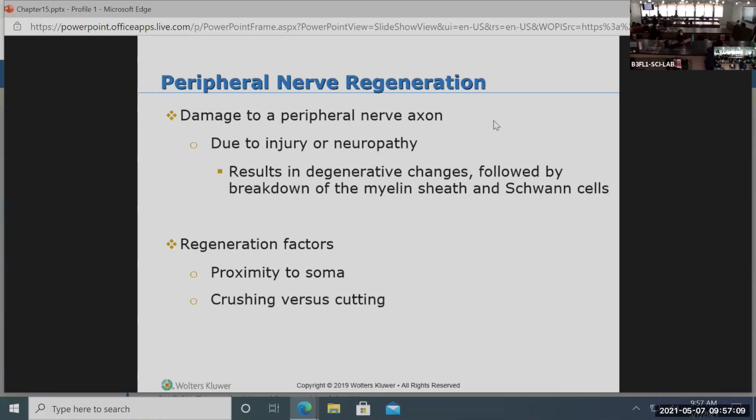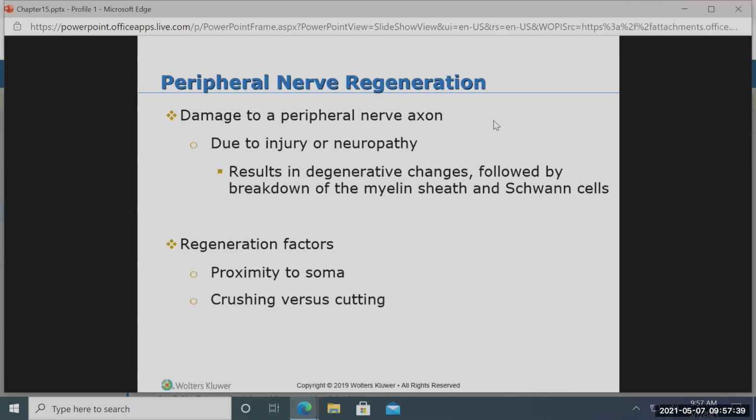Now the regeneration factors. Number 1, proximity to the soma. What is soma? Come on, folks. What is soma? Isn't it the cell body?